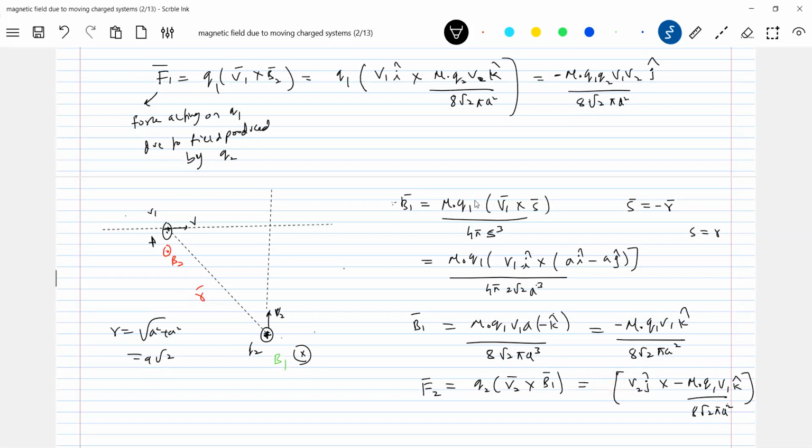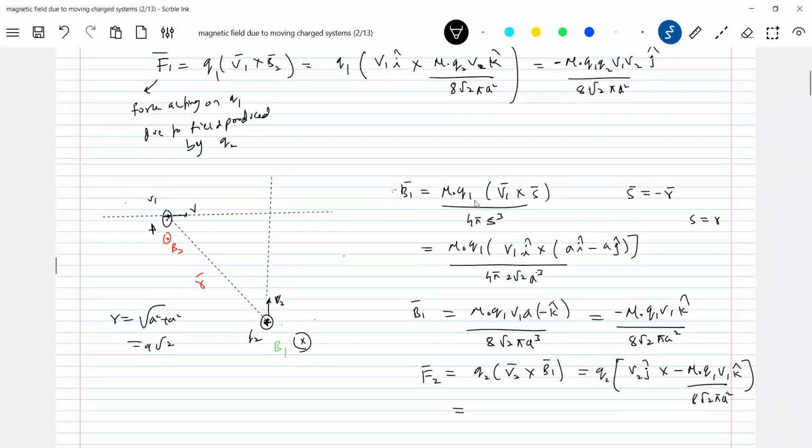This is q2. Final value F2 should be, and J cross K will be I, so this will be minus of mu naught q1 q2 v1 v2 by 8 root 2 pi a square I cap.